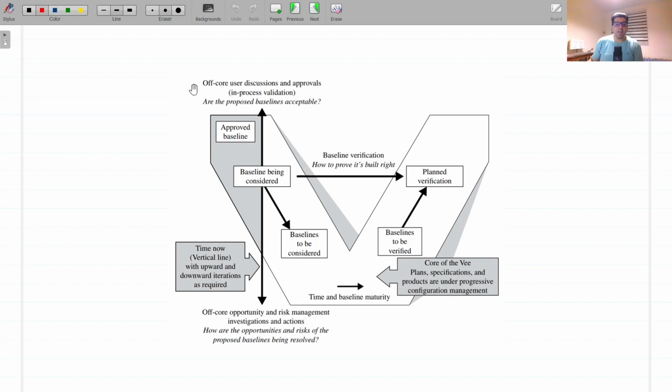At any instant of time, the development team can move their perspective only along the vertical arrow from the highest level of the system requirements down to the lowest level of detail.